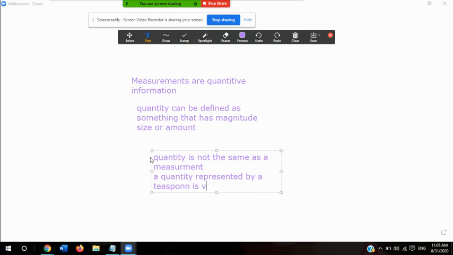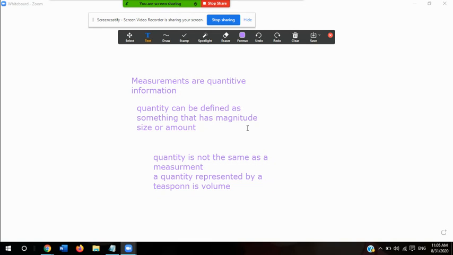And of course, we know that volume is how much space an object takes up. So a quantity is not the same thing as a measurement, and the quantity represented by a teaspoon, for example, is volume. It's very common to have people confuse one or the other.